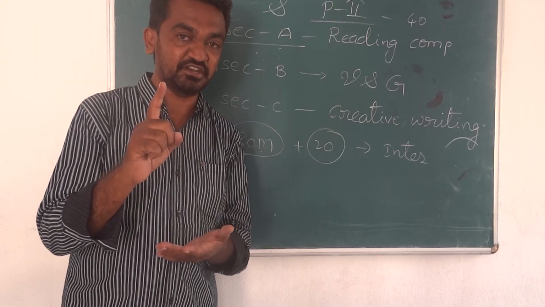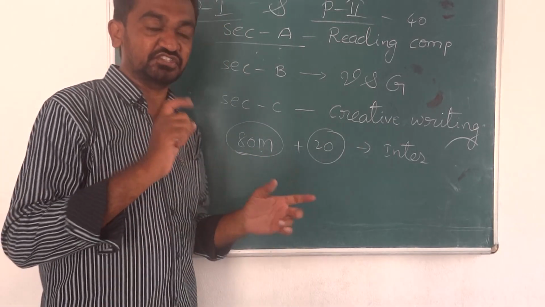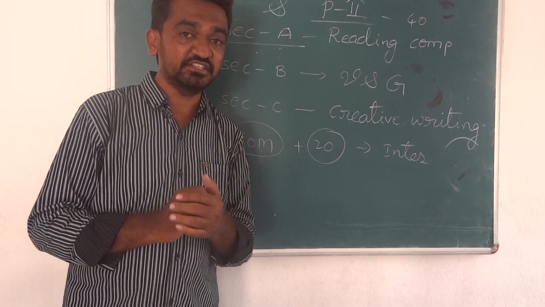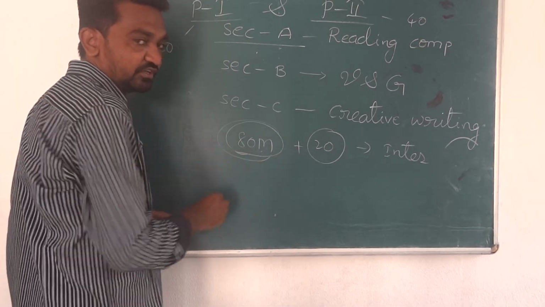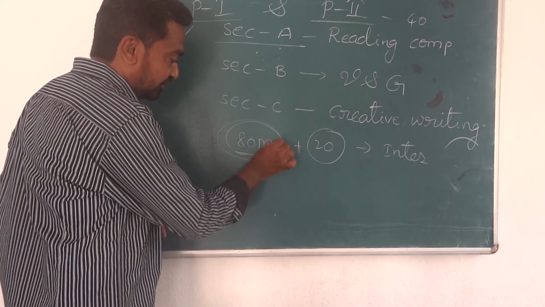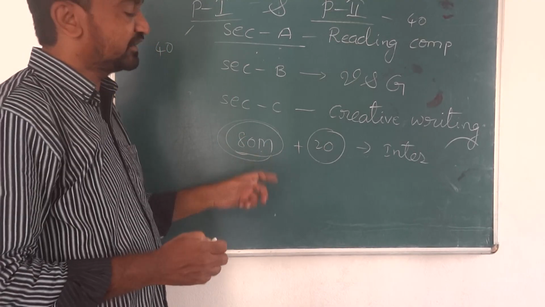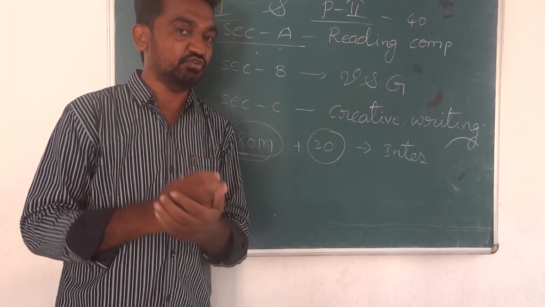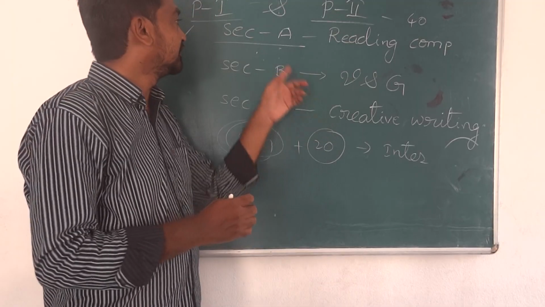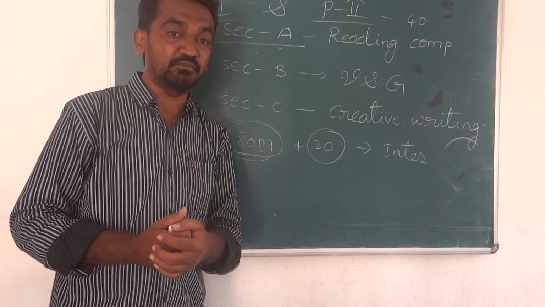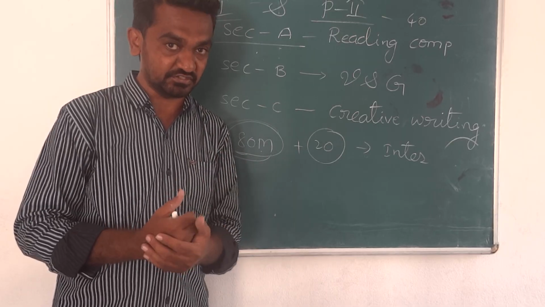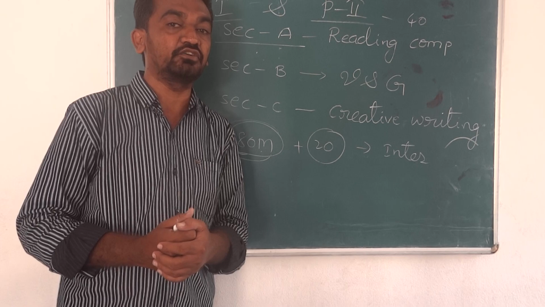So 20 marks for the internal and 80 marks for the external. Today in this class, we are going to discuss only the 80 marks: how they are divided, what the question paper pattern is, how many questions are in every section, and from which lessons those questions come.